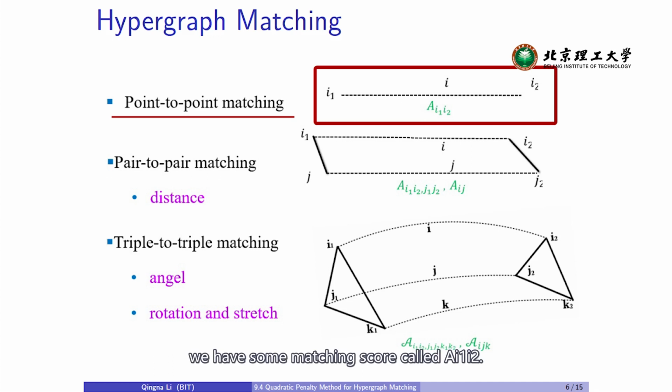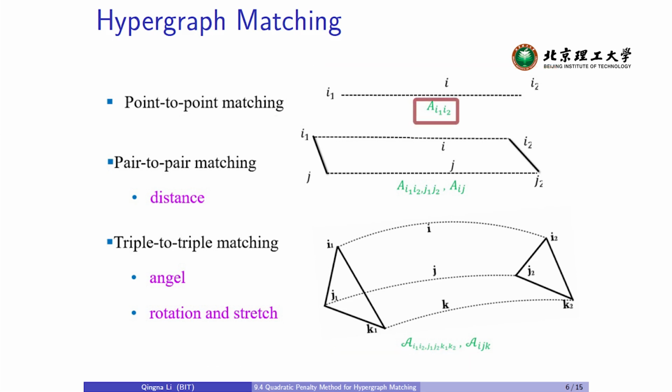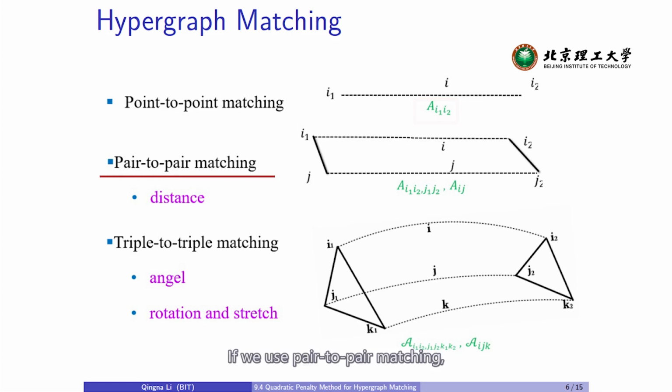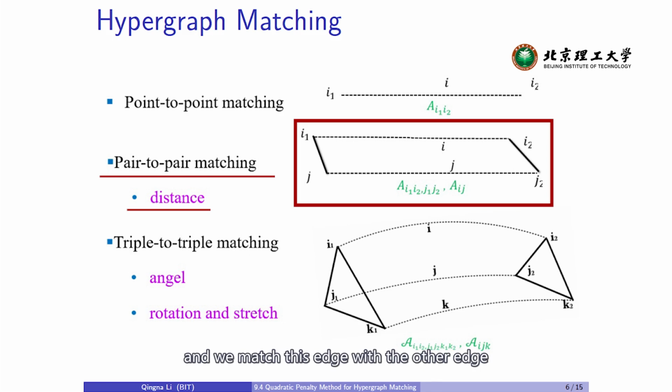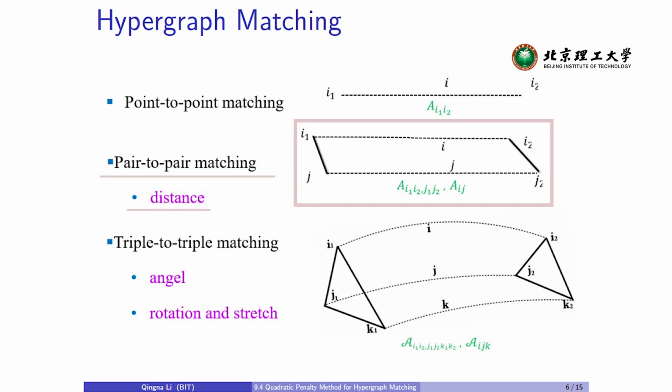If we use pair-to-pair matching, then we can include the distance matrix information. If we pick up 2 points in one set and match this edge with an edge in the other set, then we can include the distance information to do the matching.